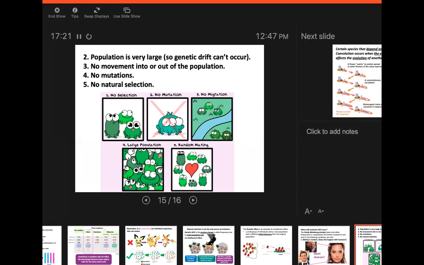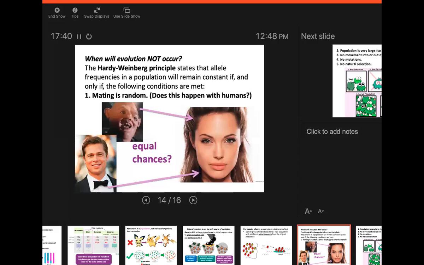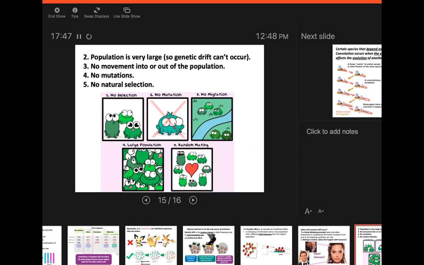So genetic drift can't occur because we said genetic drift occurs in what kind of population? Small. There is no movement into or out of the population. There are no mutations, and there is no natural selection. So let's go back. When will evolution not occur? When mating is random, the population is large, no movement in or out, no mutations, and no natural selection.